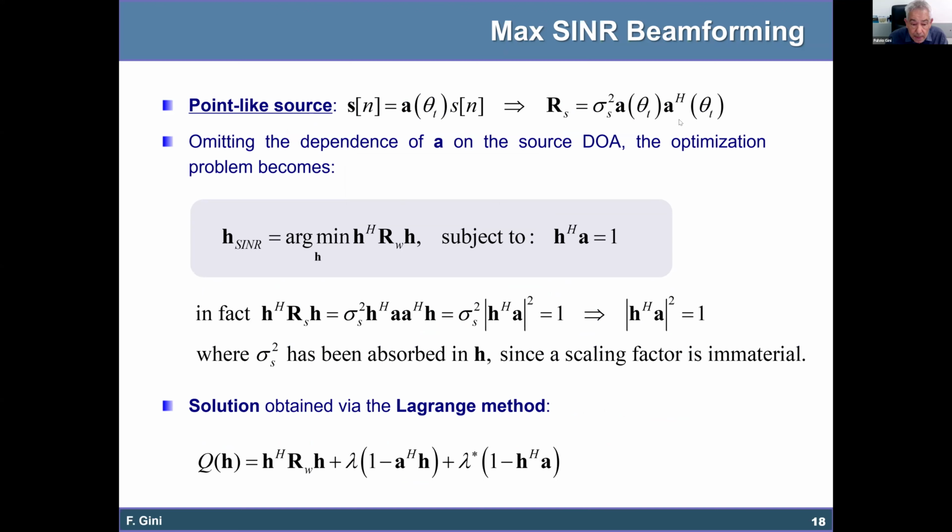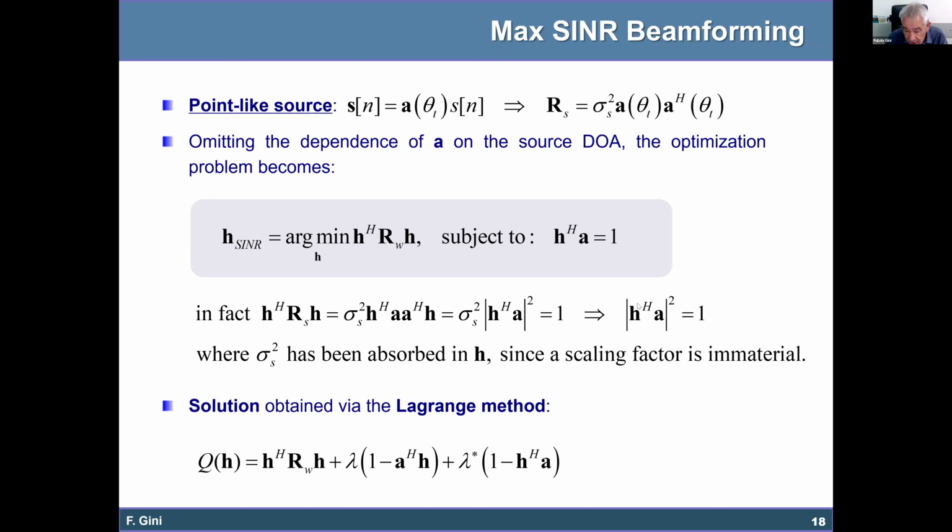And so, if you make the replacement of this RS here in the constraint, what you get is that the constraint becomes the modulo square of this quantity equal to 1.